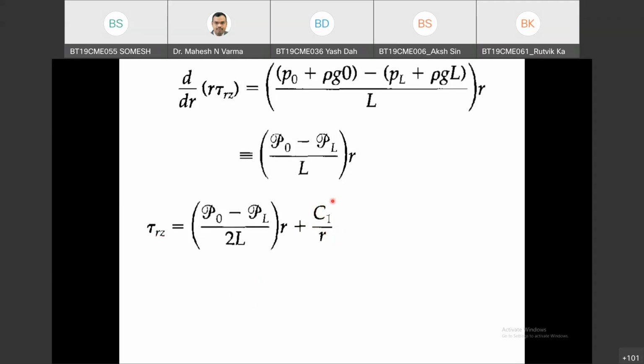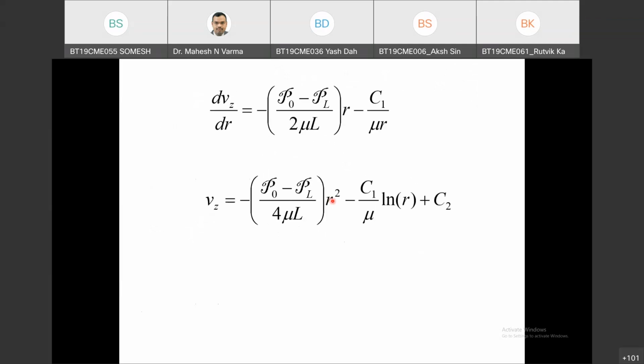Substituting that, get the value of C1, then substitute Newton's law of viscosity and get the value of C2 using any one velocity condition, the no slip condition. Now using the other velocity condition, get the value of lambda in terms of kappa. Better than that, you solve with this method.